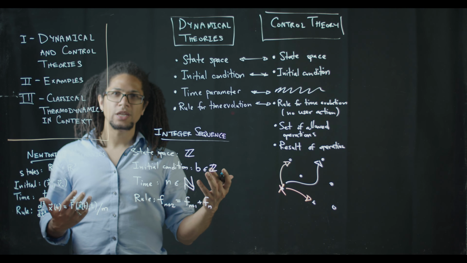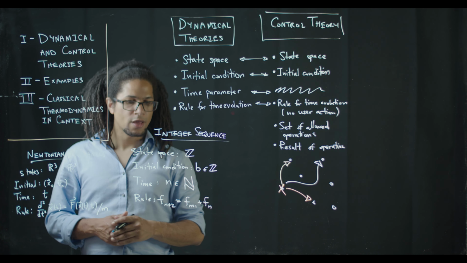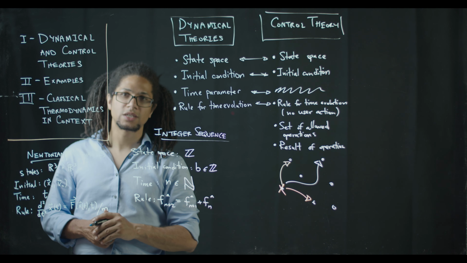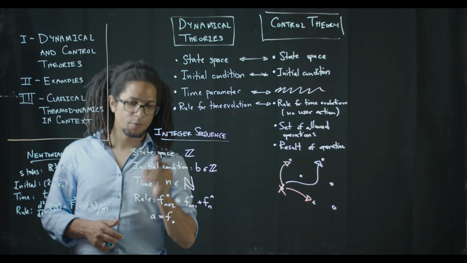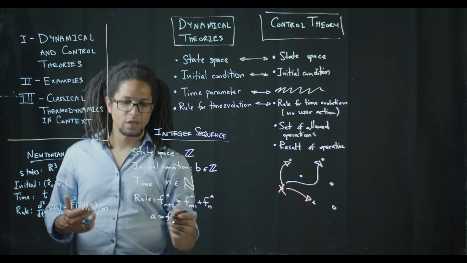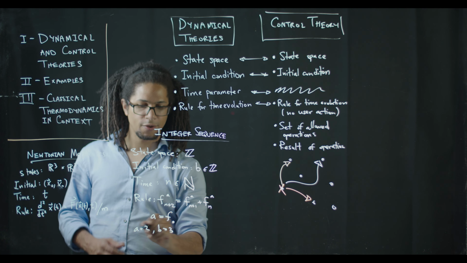Now, because we need to get that second initial condition in there, let's say that this sequence is given for a, where a is equal to f sub 0. So we're just indexing. So just to give a concrete example, say that a is equal to 2 and b is equal to 3.